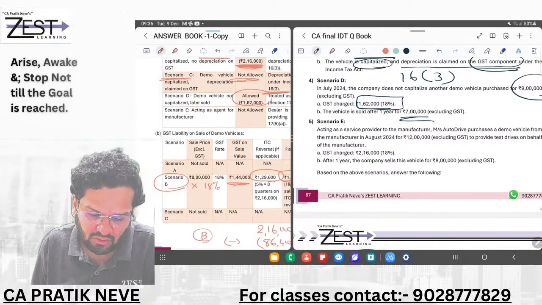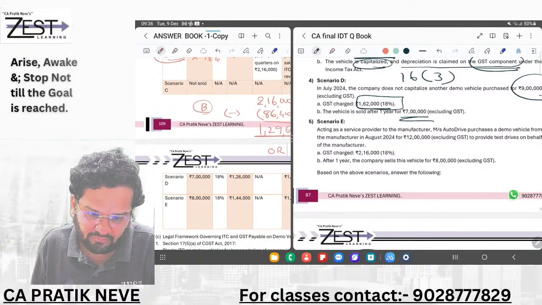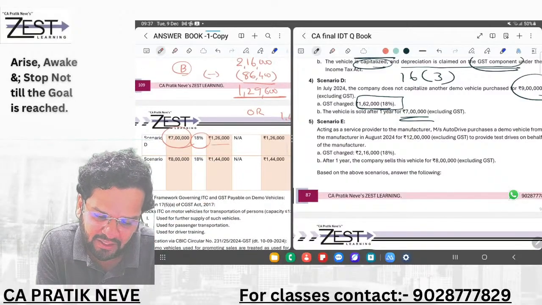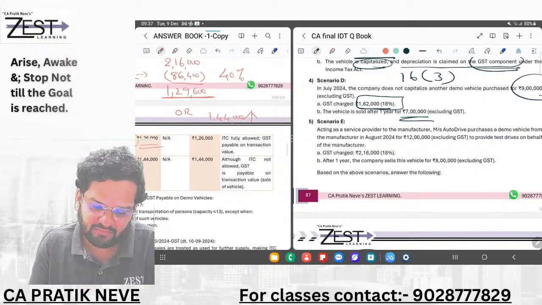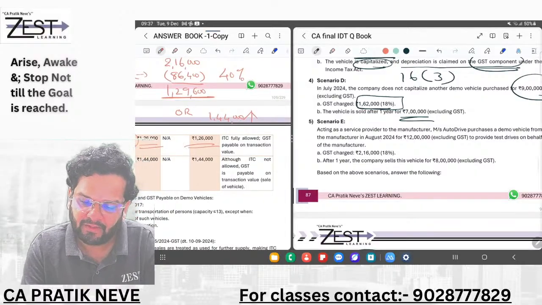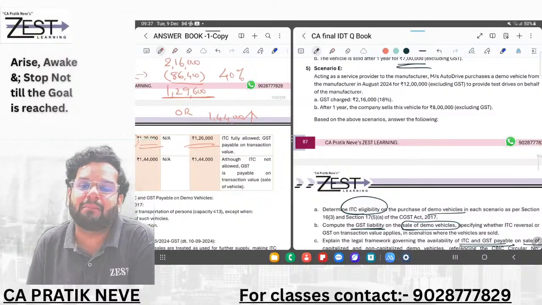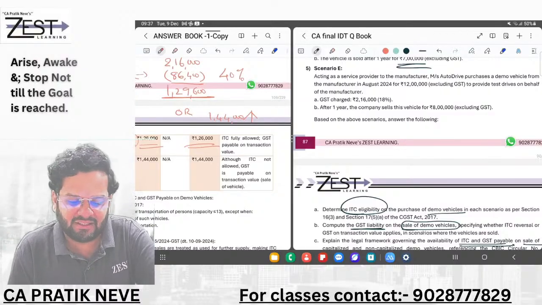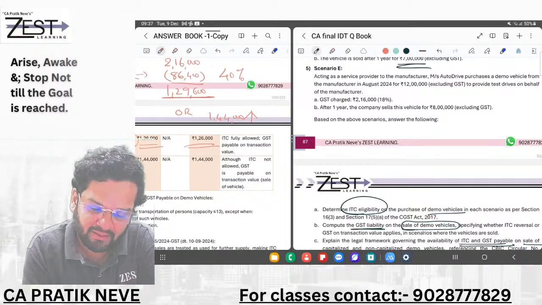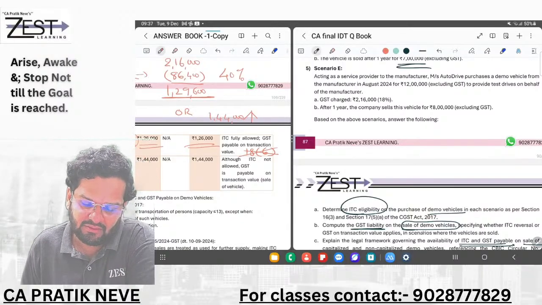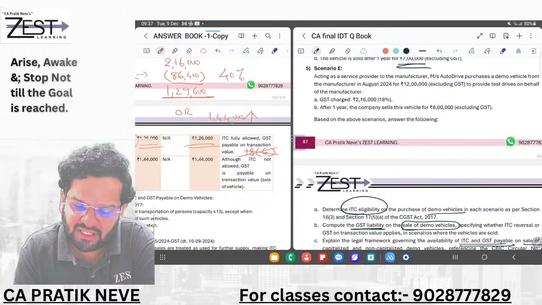So now in scenario D, on 7 lakh, directly pay GST at 18%. And lastly, because it's not capitalized, you're now not selling capital goods. So 18(6) will not apply. Directly you will take GST payable on the transaction value.